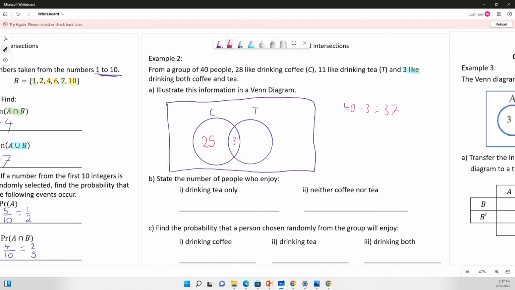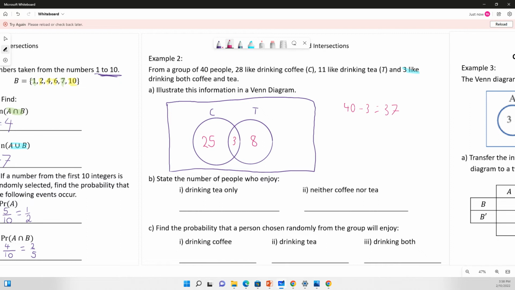We've got to split the 28 who like drinking coffee into the ones who like both and the ones who just like coffee. With the 11 that like drinking tea, again, 3 of these people also like drinking coffee. So to figure out how many just like drinking tea, we do 11 minus 3, which is 8. Now, what is super important is to also consider our total sample size.